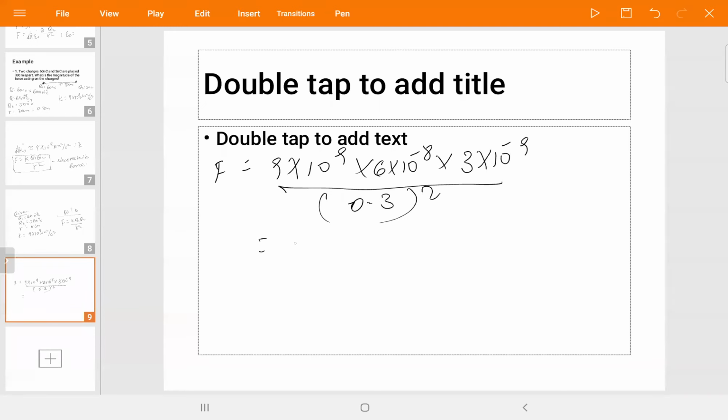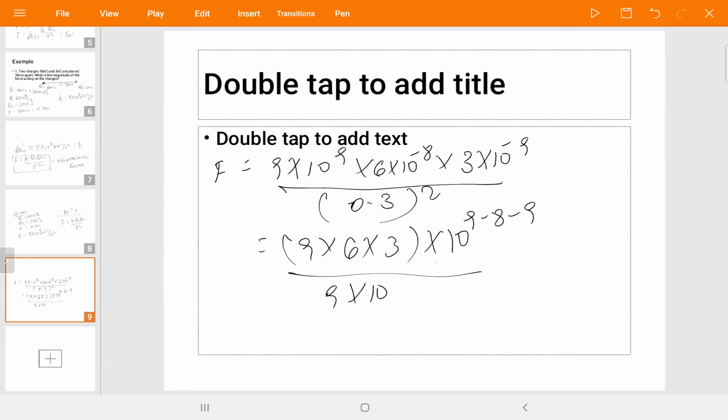Then 9 times 6 times 3 times 10 raised to 9 minus 8 minus 9, divided by 9 times 10 raised to minus 4.